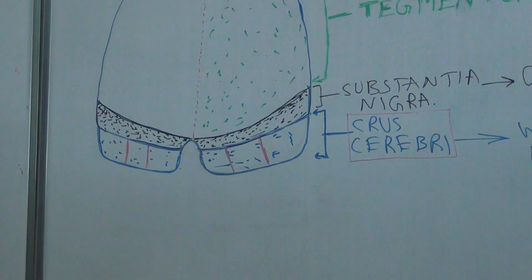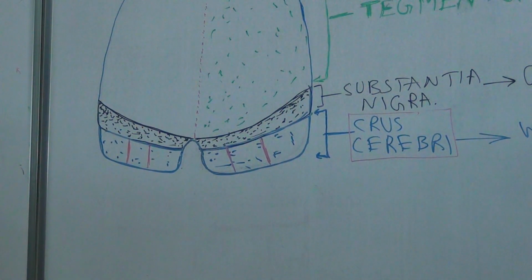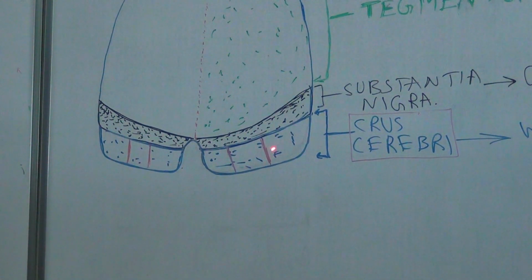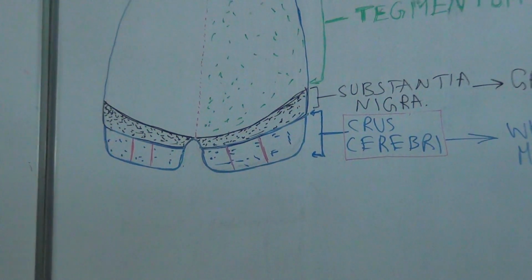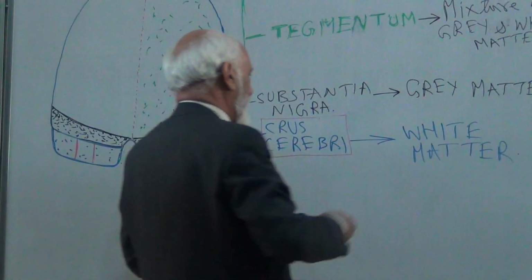Crus cerebri, as I told you, are pillar-like structures comprised of white matter only, that is only nerve fibers.